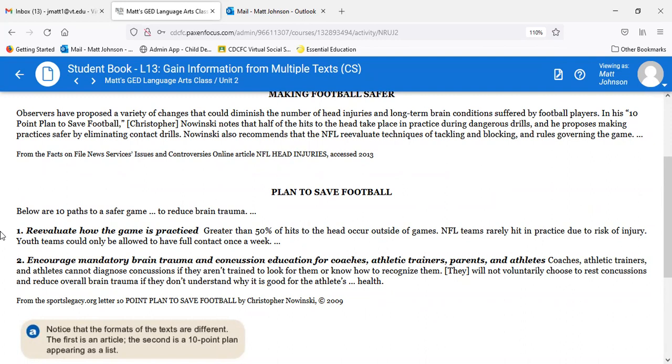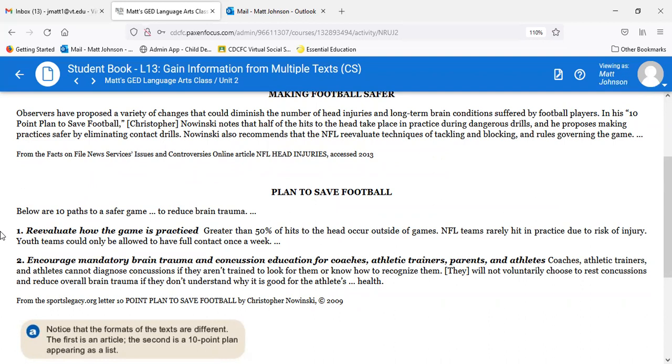Second, encourage mandatory brain trauma and concussion education for coaches, athletic trainers, parents, and athletes. Coaches, athletic trainers, and athletes cannot diagnose concussions if they aren't trained to look for them or know how to recognize them. They will not voluntarily choose to rest concussions and reduce overall brain trauma if they don't understand why it is good for the athlete's health. From the sportslegacy.org letter, 10-point plan to save football by Christopher Nowinski.